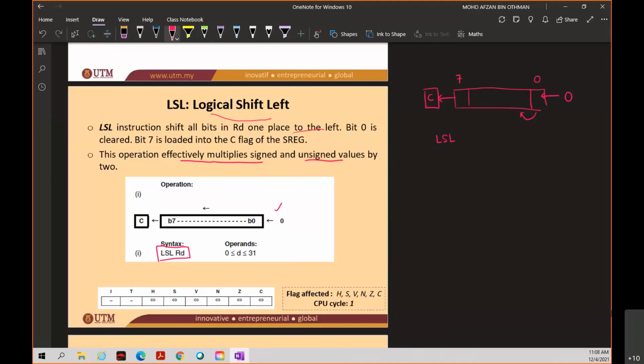Okay, it means that after you perform the LSL instruction, it automatically multiplies the value of the register, whether it's an unsigned number or signed number, by 2. Okay, so let's look at examples here. We have a few examples so that you can see very clearly how this data shifting and data rotation works.